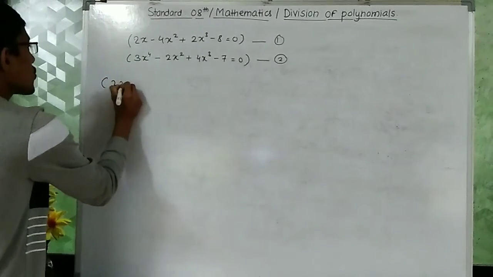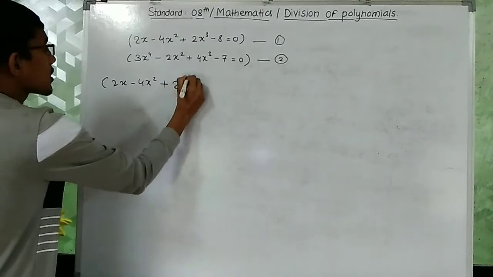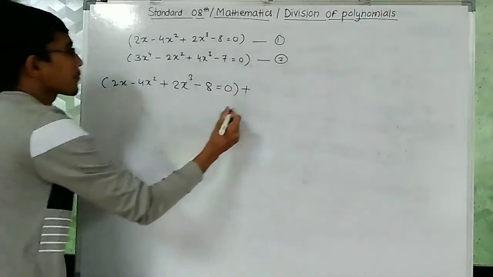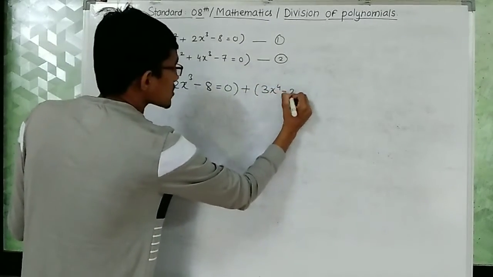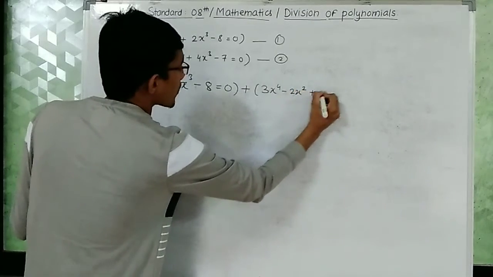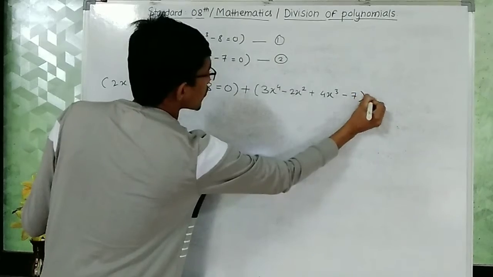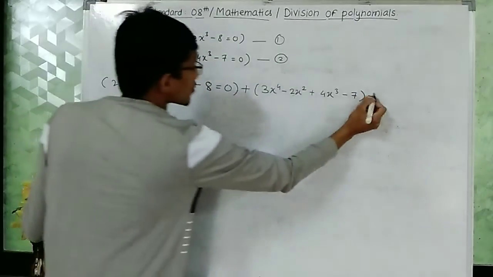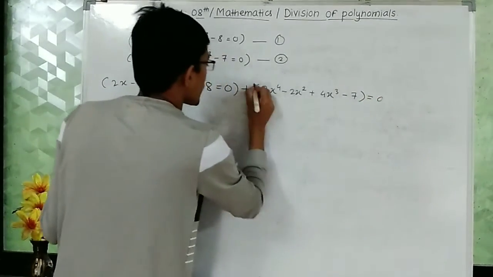So how will I add it? I will just take 2x minus 4x square plus 2x cube minus 8 equal to 0 plus 3x raised to 4 minus 2x square plus 4x cube minus 7 equal to 0.